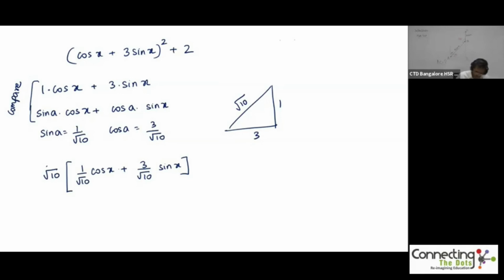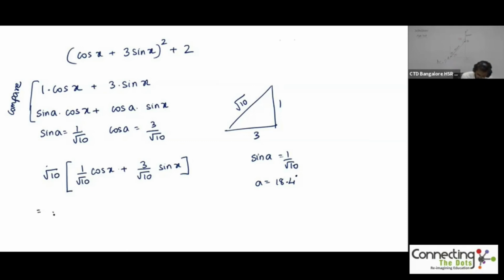Can anybody tell me, if sine of A is 1 by root 10, what is A? 18.4 degrees. You don't need that, mind you. You really don't need that. But we will use it anyway.